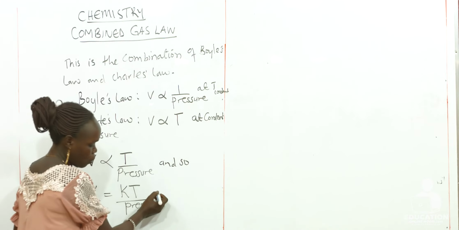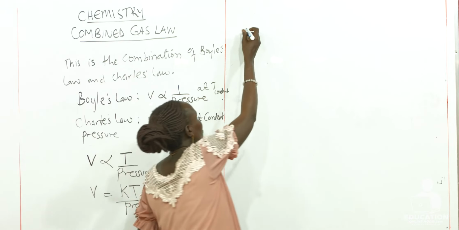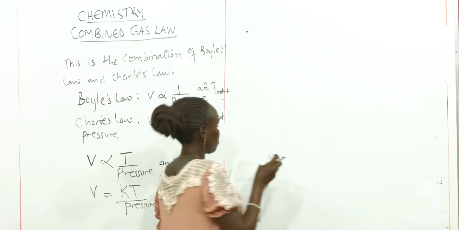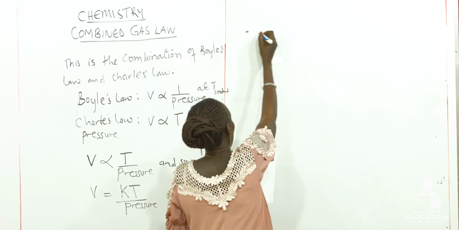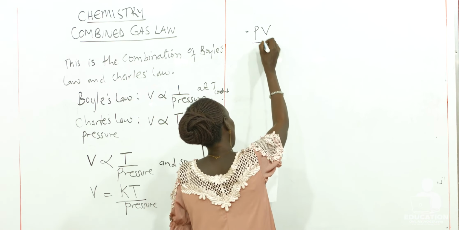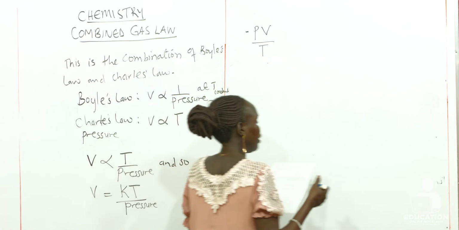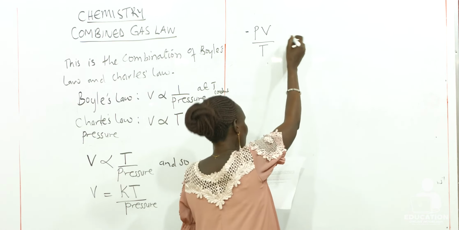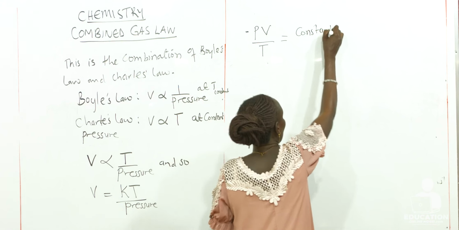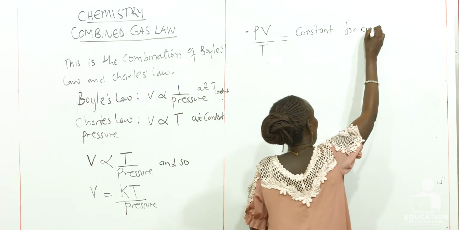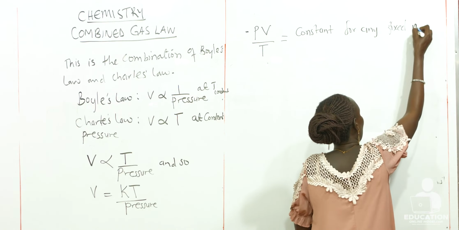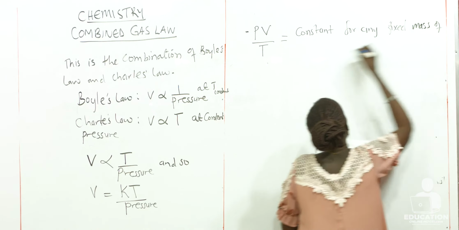So PV over T, where P represents the pressure and V represents the volume, divided by the temperature, is equal to a constant for any fixed mass of a gas.